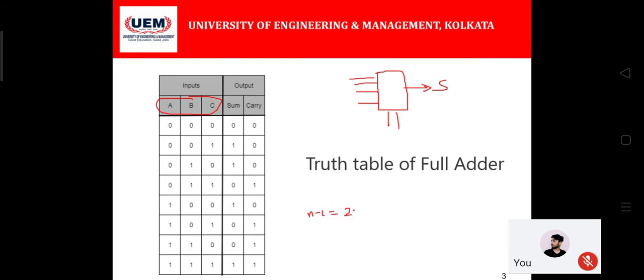So we can see that 2 should be the select lines, and 2 to the power n minus 1 input lines. In our case it becomes 4 and exactly matches the multiplexer that we have drawn here. So it's 2 select lines, 4 input lines. It's a 4:1 multiplexer. That also matches with the Boolean function that we understood last day.